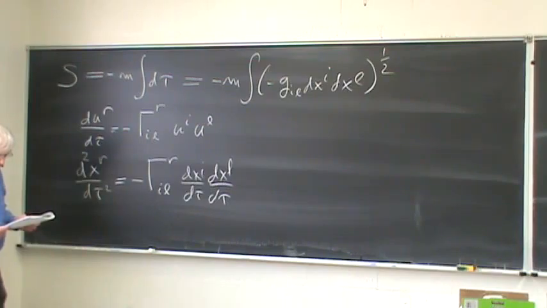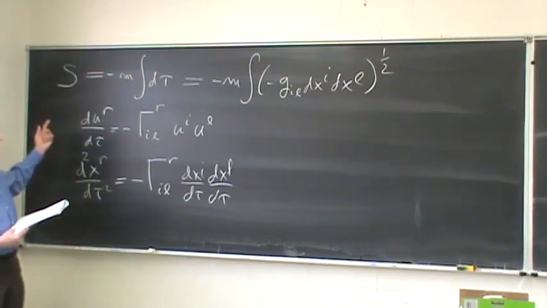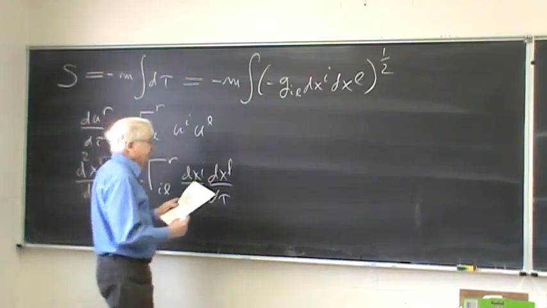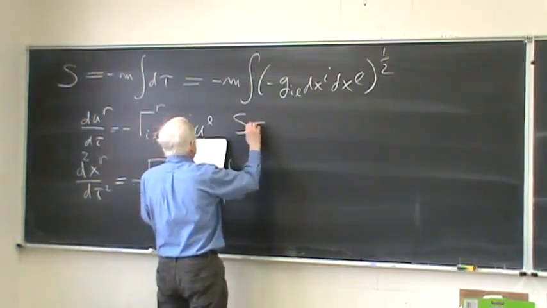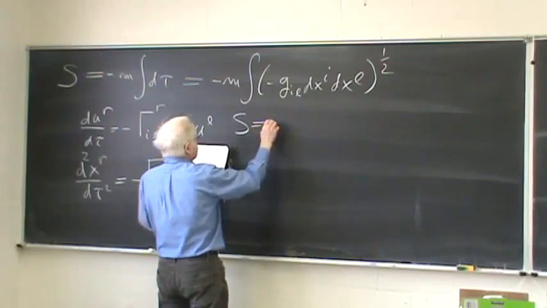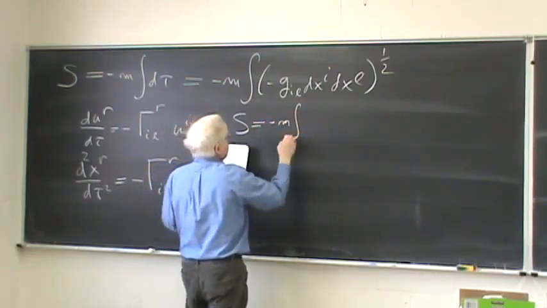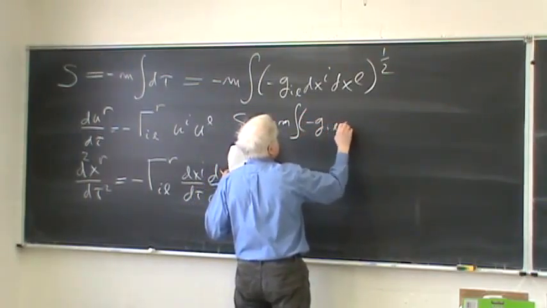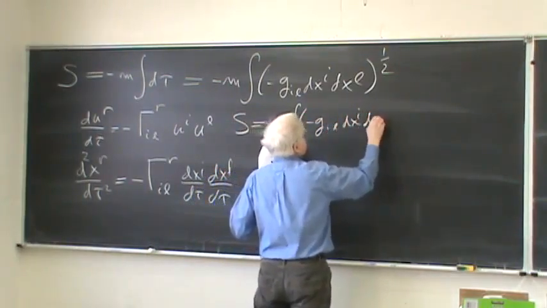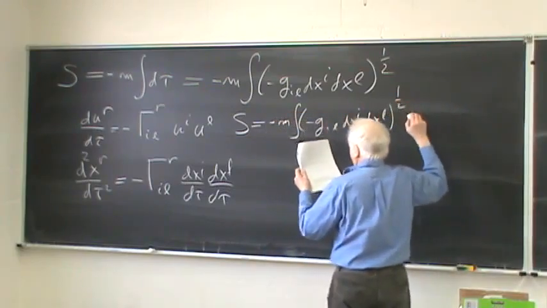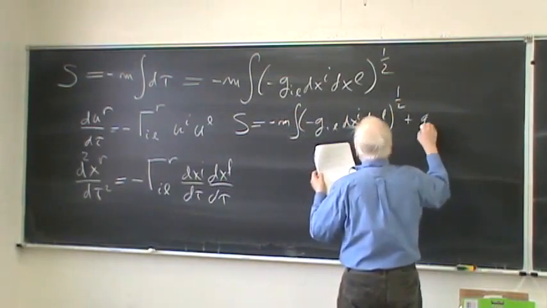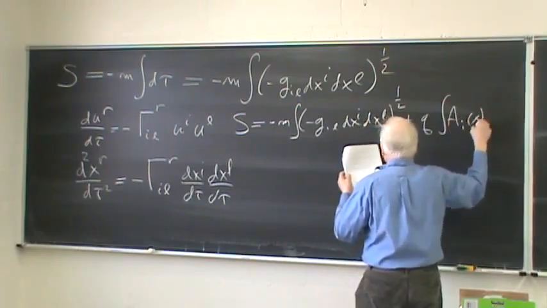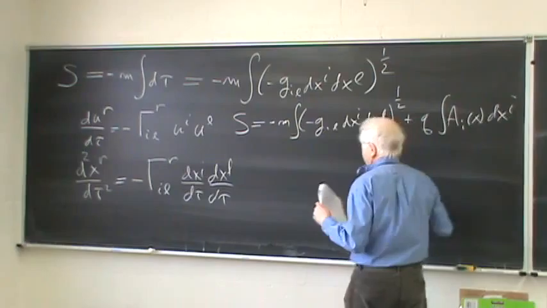Namely, what about the action of a particle in an electromagnetic field and a gravitational field? Well, then we would say it is minus m integral of minus g_il dx^i dx^l to the 1/2, plus, if it's charge q, integral A_i(x) dx^i.